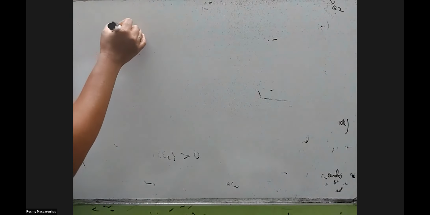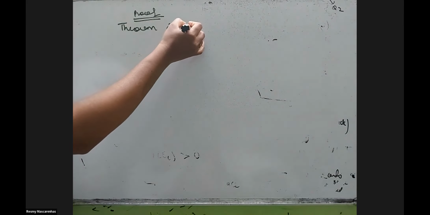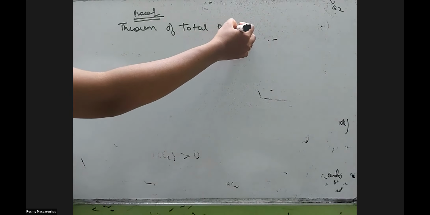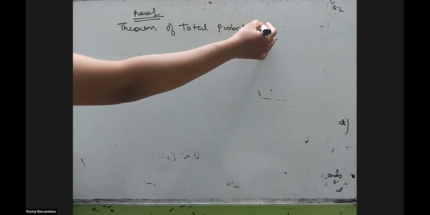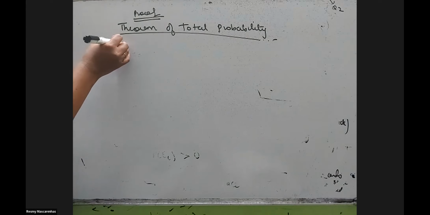Theorem of total probability. State and prove the theorem of total probability. Then you have to write the statement. This is the statement.